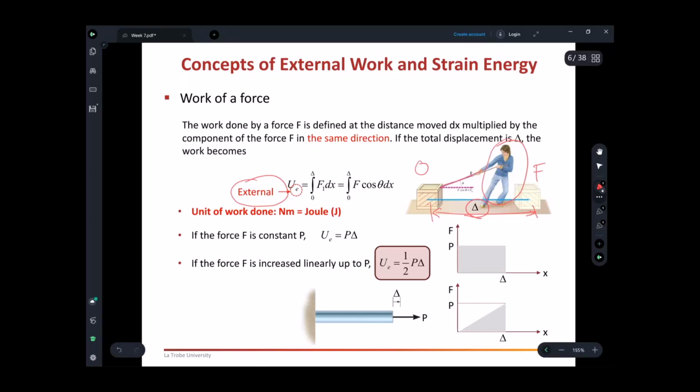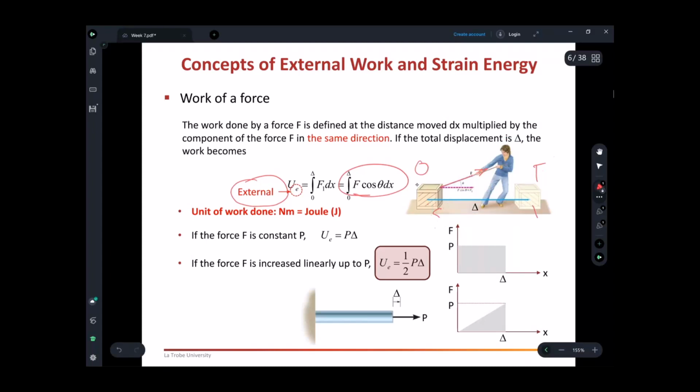This gentleman is pulling in this direction, but we can't use that force. As I mentioned, the definition says we need a force going in the same direction as the displacement. So we need the horizontal component of this force times this displacement. That will give you the external work done. So I hope you understand that.